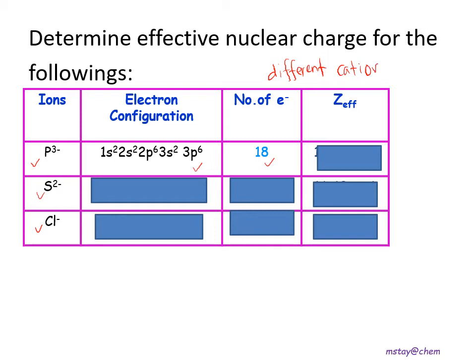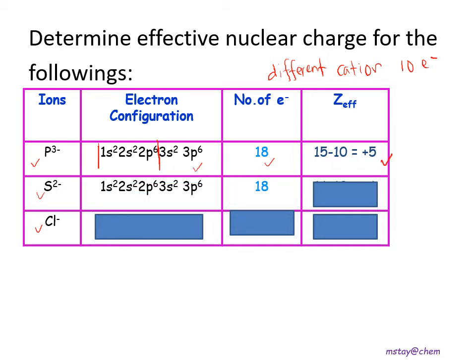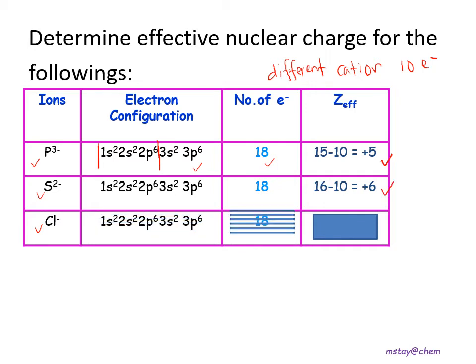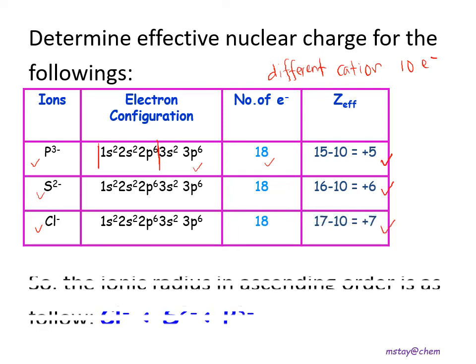If you still remember, the cations above all contain 10 electrons, but for the anions, because they gain electrons, the number of electrons is up to 18. We still use the same formula to calculate the effective nuclear charge, and this time the inner shells are n equal to 1 and n equal to 2. So we use 15 minus 10 equal to positive 5. Same electronic configuration for S2 negative, but the effective nuclear charge is positive 6. Same case for the chloride ion, and its effective nuclear charge is positive 7.